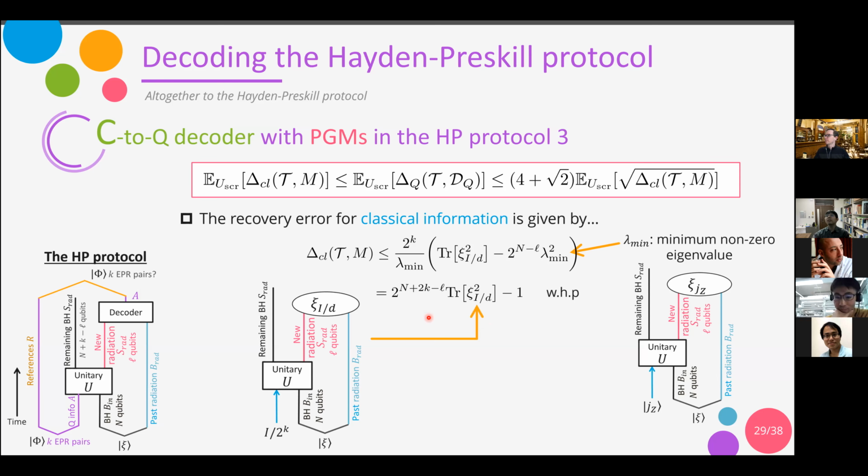Azuma-san has a question. Yes, thank you very much for a nice talk. I have one question. Your formula is close to QKD in the sense that as long as the classical error is small enough, then we can decode. In this sense, can we propose some experiment to check whether such a classical error is small enough by considering the specific dynamics of the black hole?